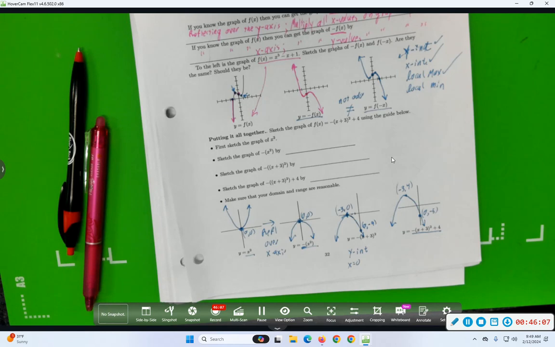No. So the order does matter quite a bit, and you can see why this is wrong if we name these intermediate steps. If you go 3 left and 4 up, that's x minus 3 squared plus 4. When we reflect, I put a negative sign in front of the whole thing. So this new function is negative this function.